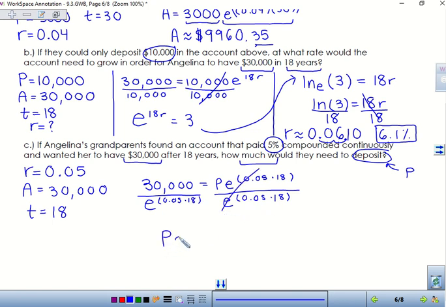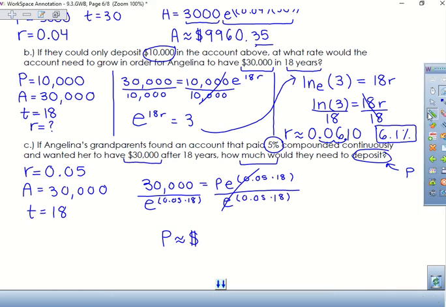We get P is approximately equal to... I know P is going to be money. So in your calculator, the most important thing when you do this is you have to put parentheses around the exponent on the e. So 30,000 divided by second ln on my calculator, yours might be different, 0.05 times 18.